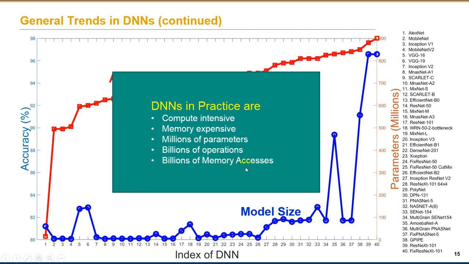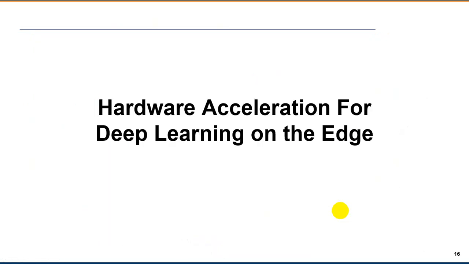It will result in a large consumption of energy and power. So we have to develop hardware accelerators for deep learning, which are optimized from all types of angles, to give us an optimum solution for porting DNNs on the edge.